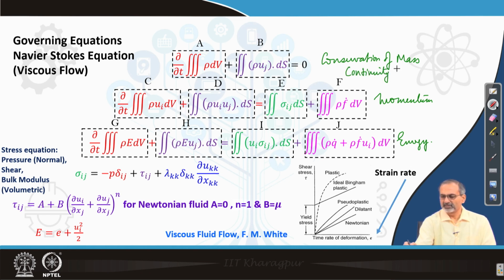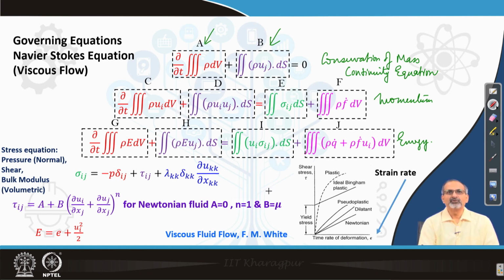The mass conservation is often called the continuity equation also, and we have briefly had a look at this equation earlier in the previous lecture. You remember these two terms A and B that we talked about, and now we see more terms coming up as we move on to the momentum equation and the energy equation.